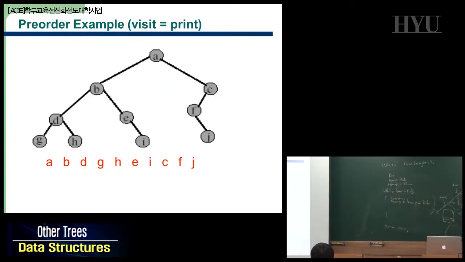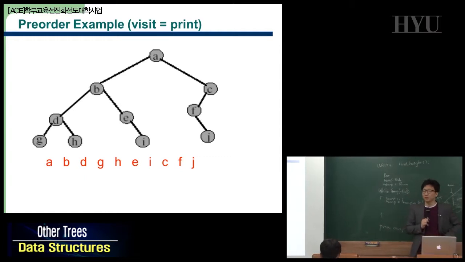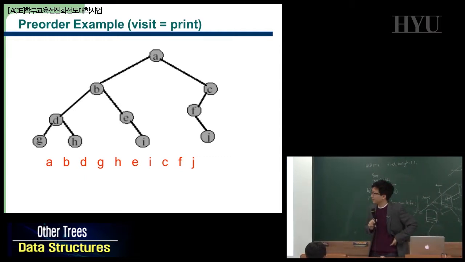How do you read this as a pre-order traversal? If I wanted to print out the elements in the tree in pre-order, what might be the outcome? It was root, left, right. You have a solution in your slide anyway. Let's see.